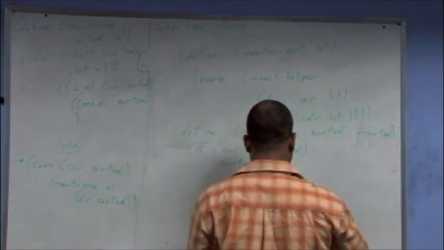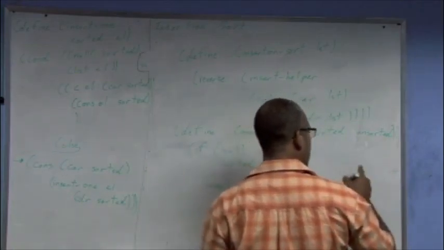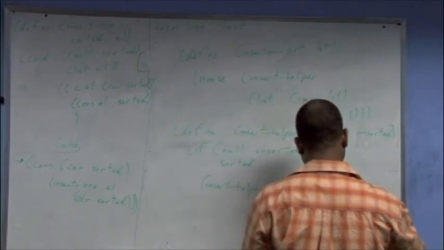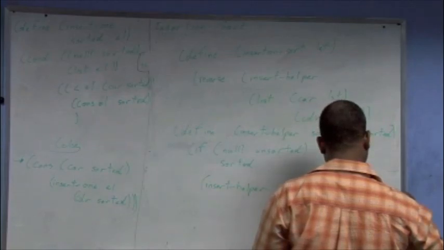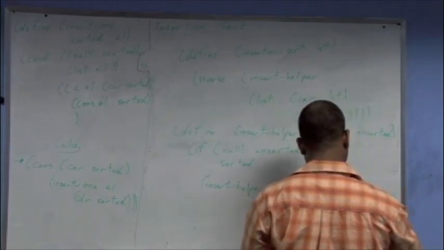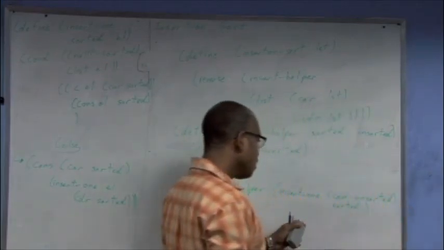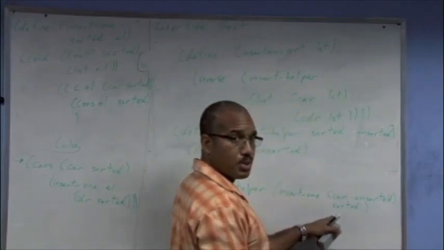So insert car of unsorted into sorted. So that's a sorted list growing by 1 item.